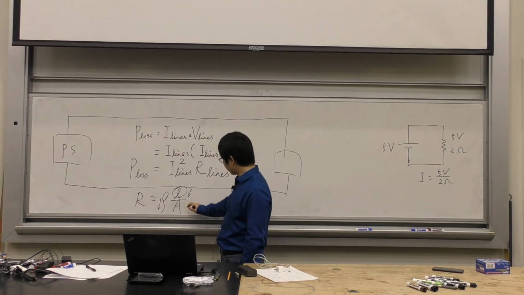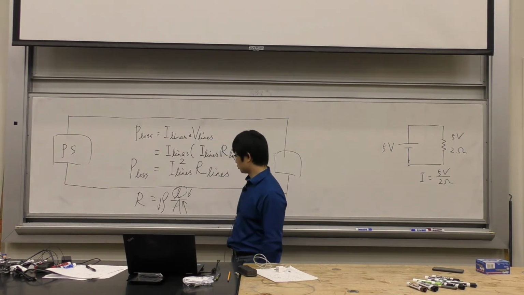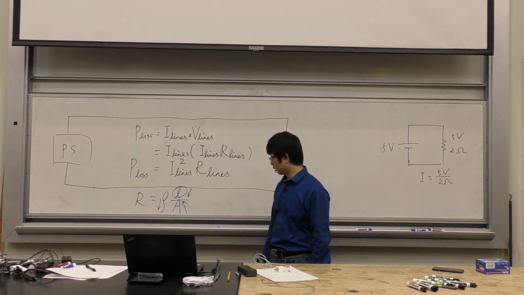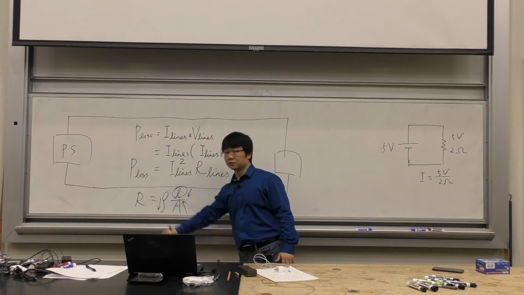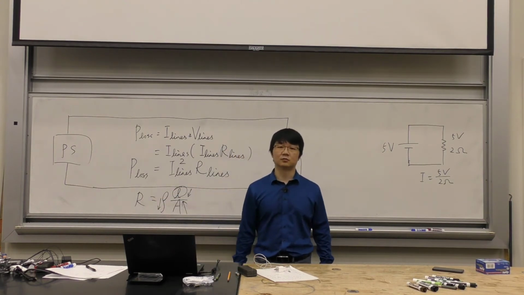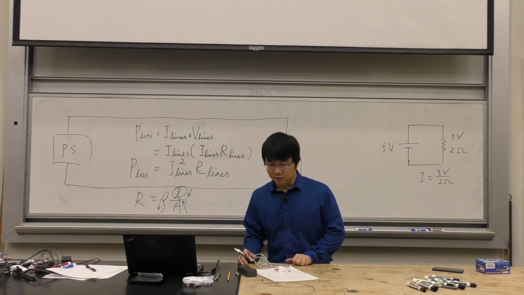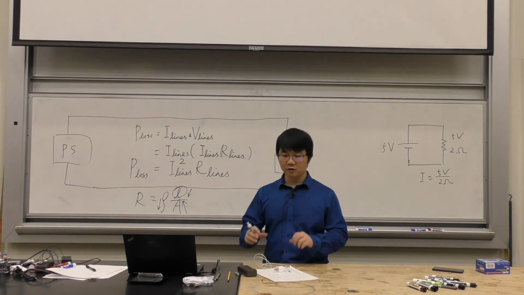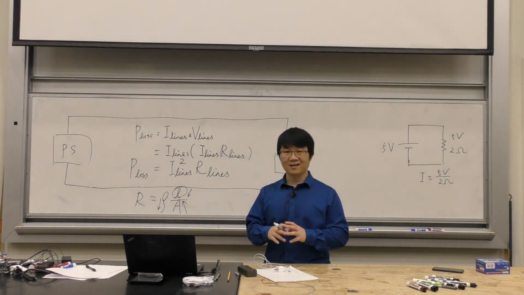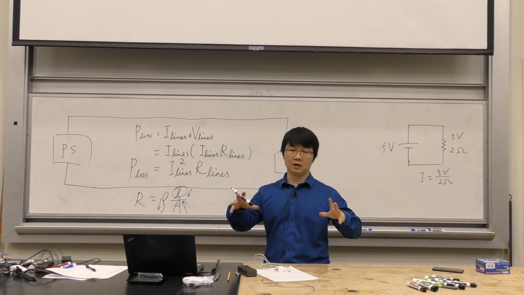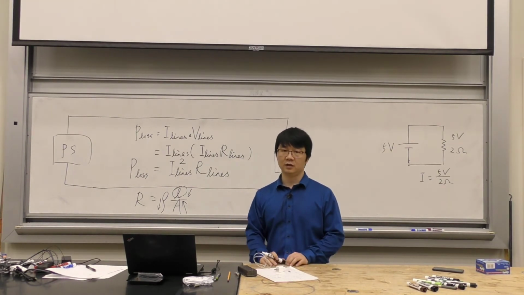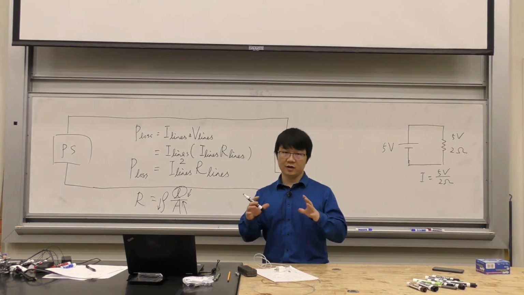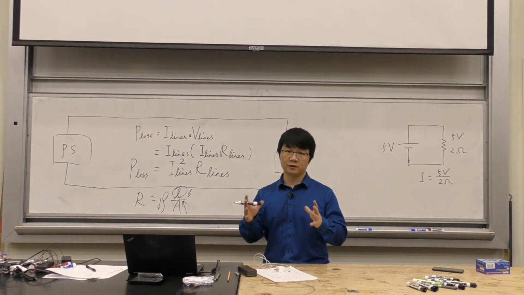Another thing you can do is make this area larger, the cross-sectional area, so that the resistance is small. But that's going to be a stupid idea. If you make the cross-sectional area larger, you're going to make the transmission lines bigger and bigger. Again, it's going to cost more money, and it's going to become heavier and heavier, so it can even fall very easily.